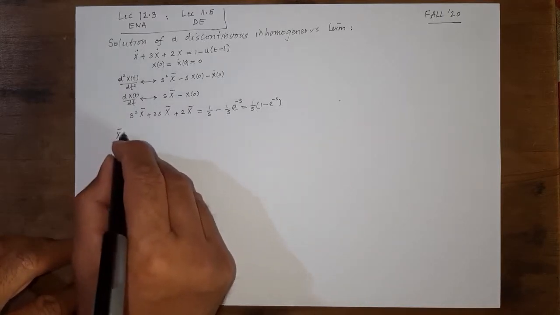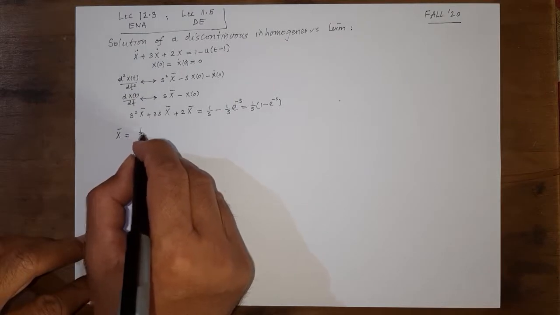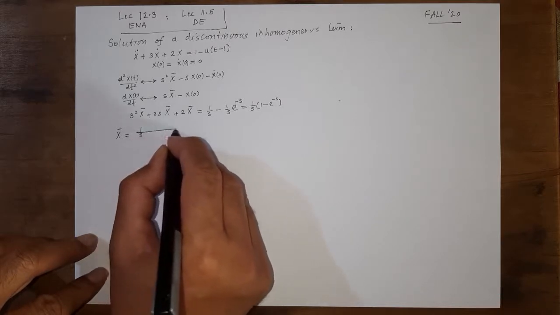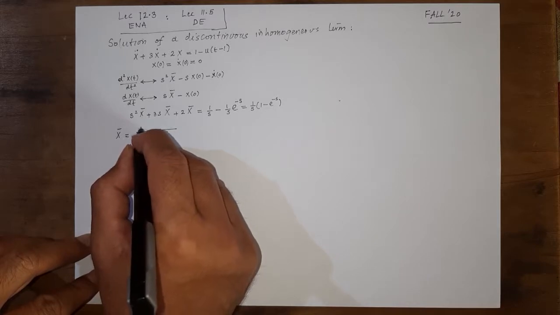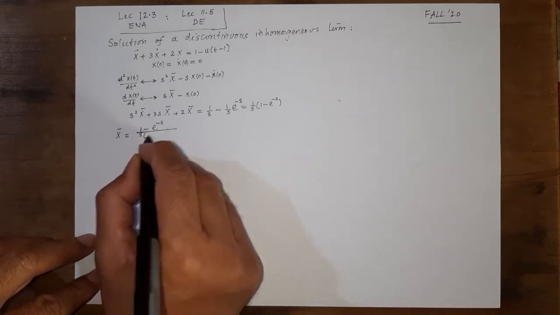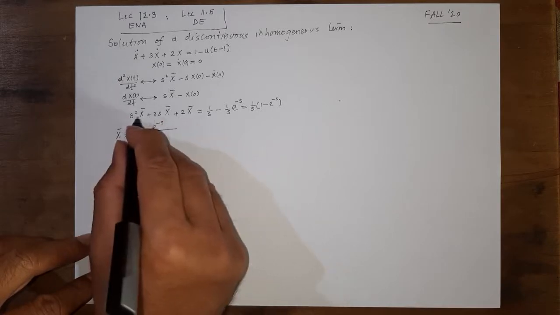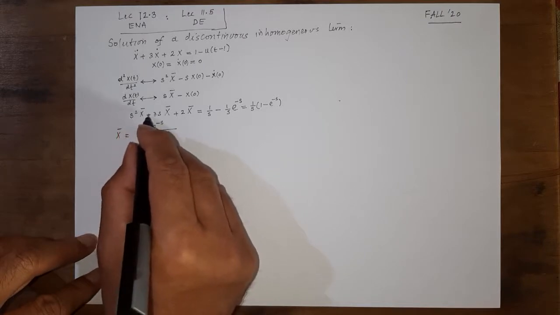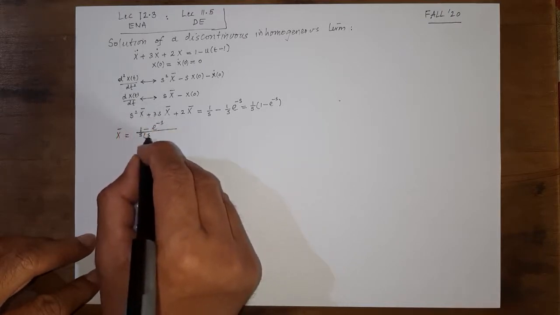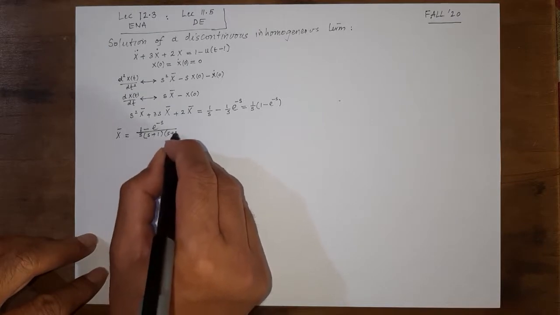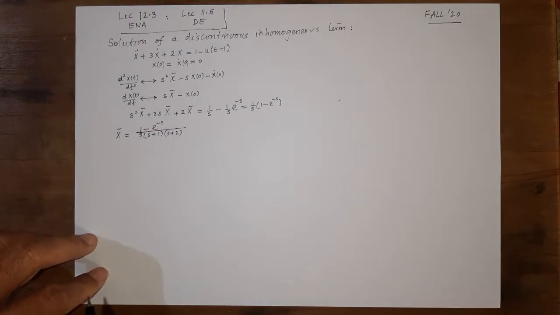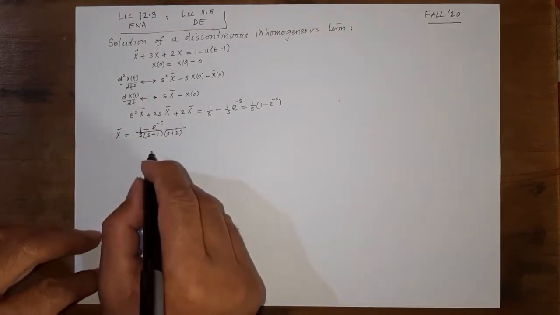So X of s is equal to 1 by s, we can write it with s in the denominator, times 1 minus e raised to the power minus s, over s squared plus 3s plus 2, and we can see that this can be factored as (s plus 1)(s plus 2). Being able to factor a longer polynomial is a key skill.